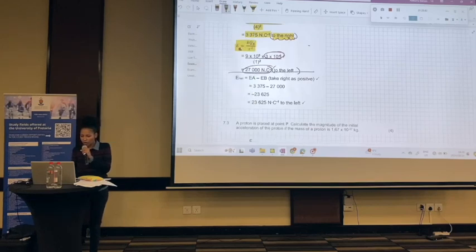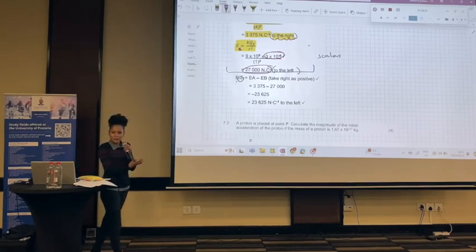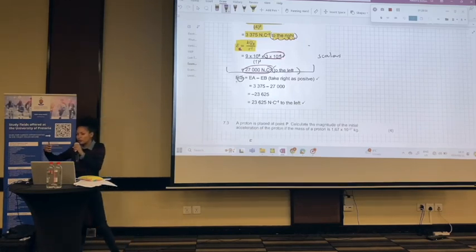Everything we did at the top was about scalars. As soon as we need to determine the net electric field, we remember we are adding vectors, because a field has both magnitude and direction.